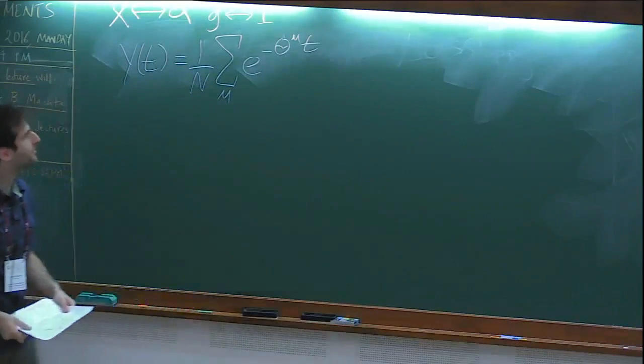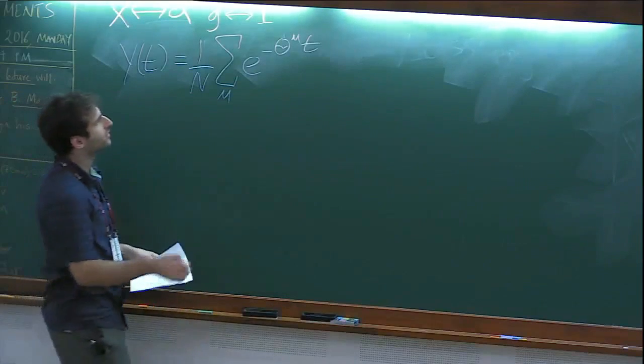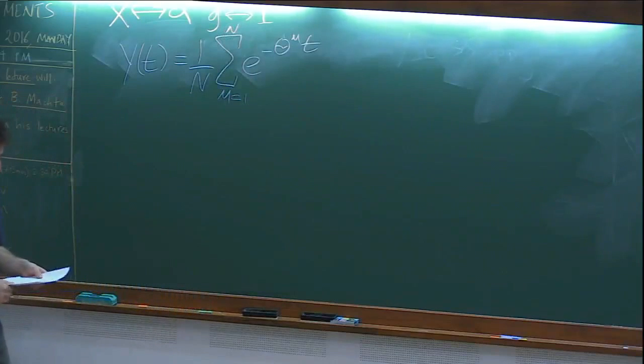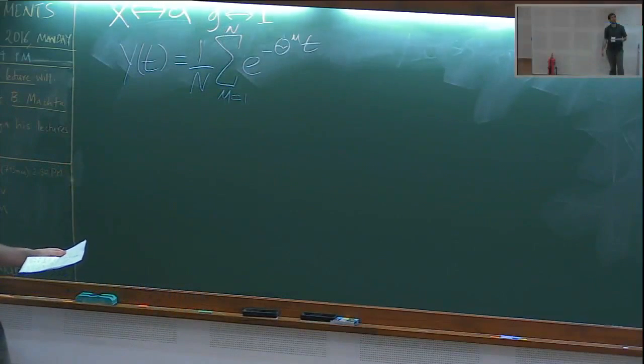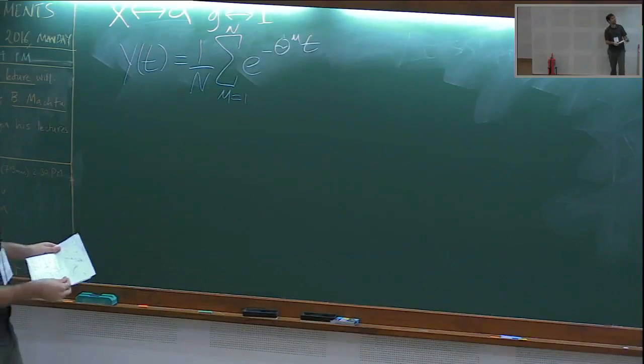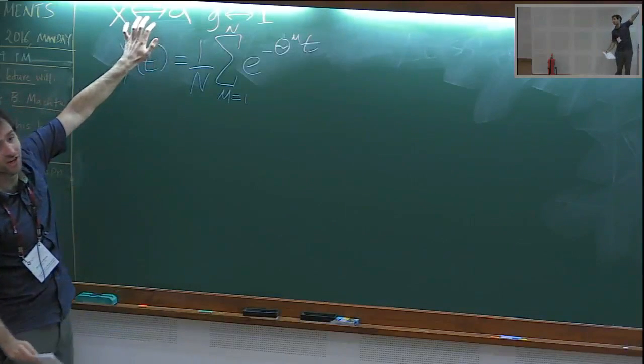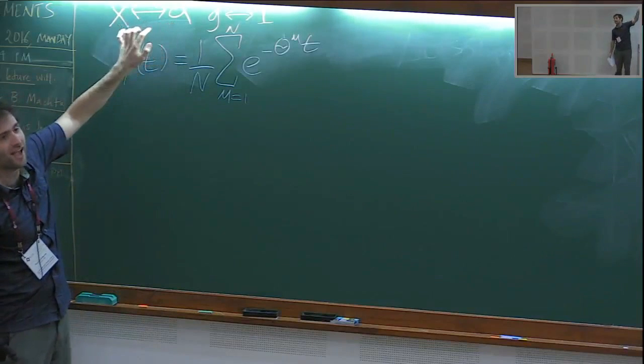Like this, so it's just going to be a sum of n exponentials like this. And as before, sorry, I'm going to also change from d to x.